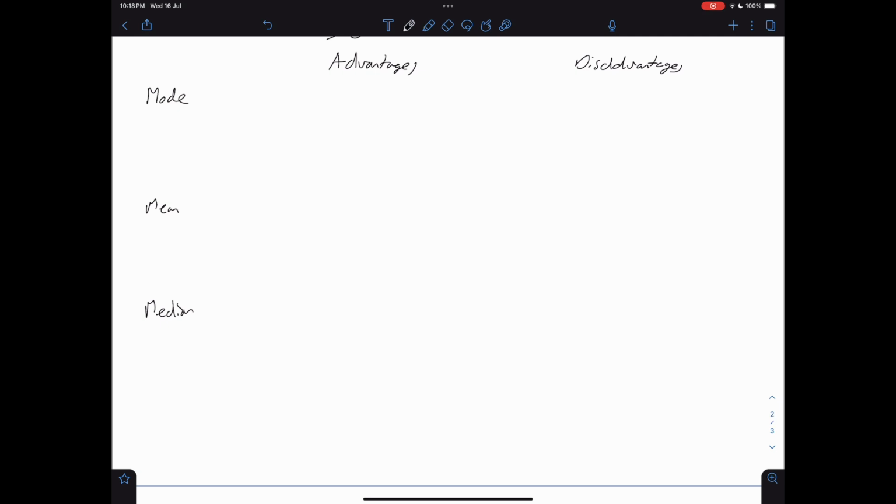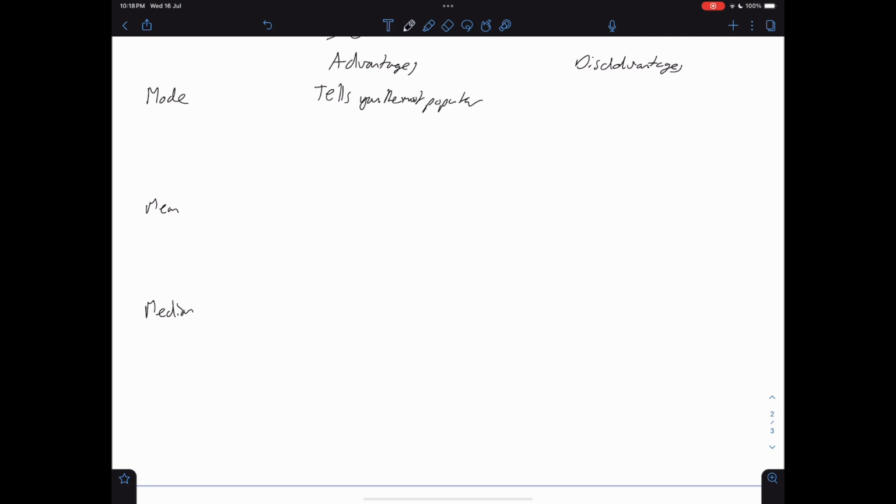So you'd look at the cars you're selling, split them up into the model, and see which one's the most popular, i.e. which one is the mode. So that's one example of what's good about the mode.